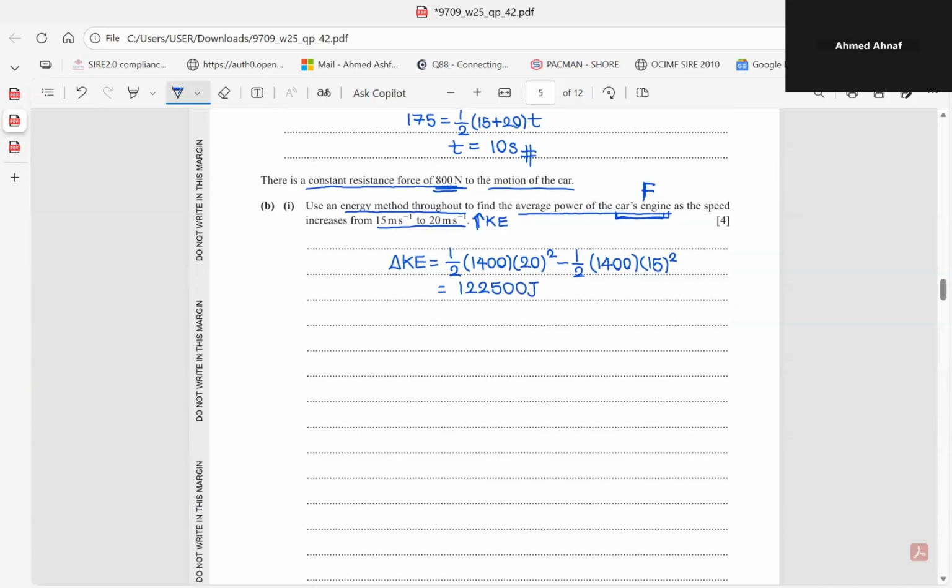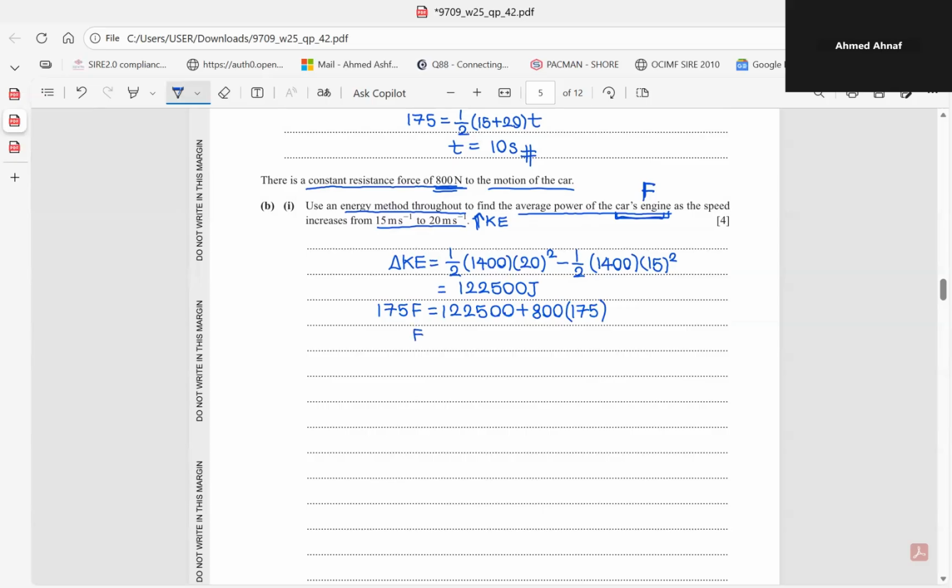Okay, so the work done by the car's engine is going to be force times distance. The distance is 175, the force is F, and we can say this is converted to KE as well as the work done against the resistive force, which is 800 newtons times the distance.